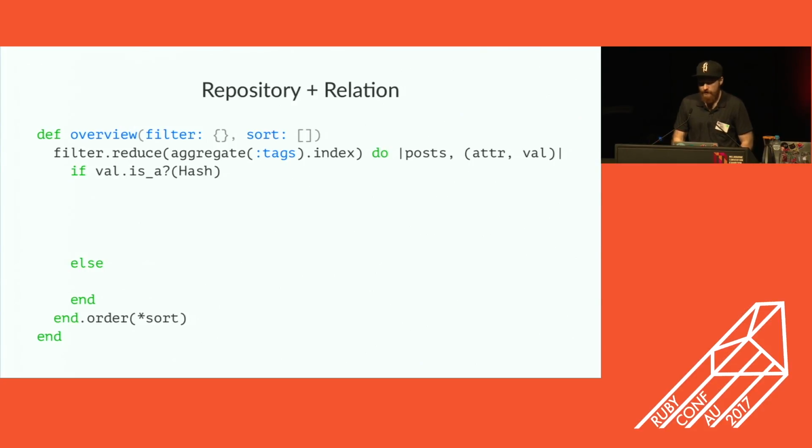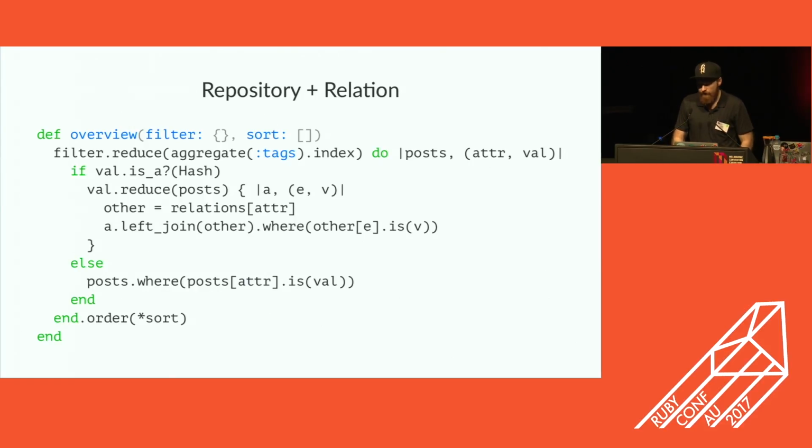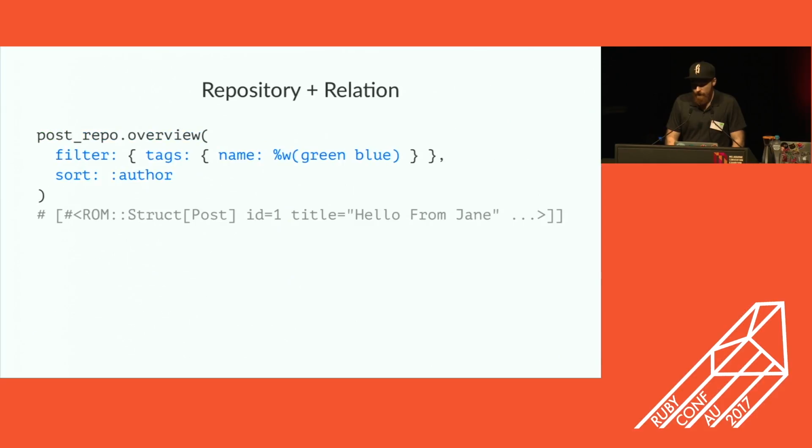So if it's not a hash, we're going to maintain our original behavior. But if it's a hash, we're going to just do the same thing, so just reduce it in the same way. We also need to join the additional relation and just apply the restriction. And then we can call it by passing filter with specific relations. In this case, it's tags and their names. We can sort by author, and that's it.